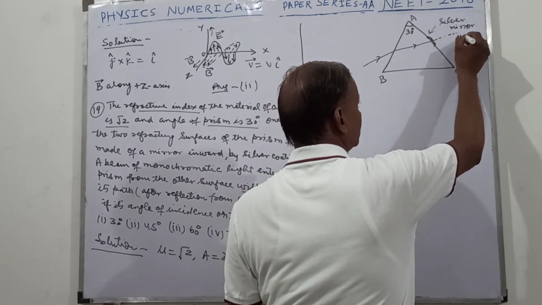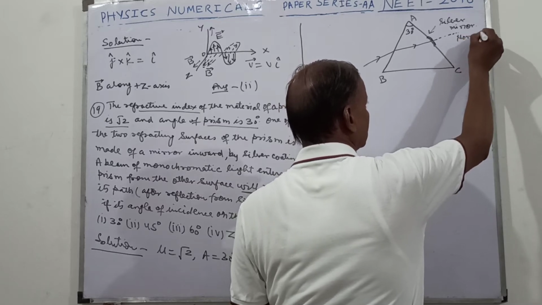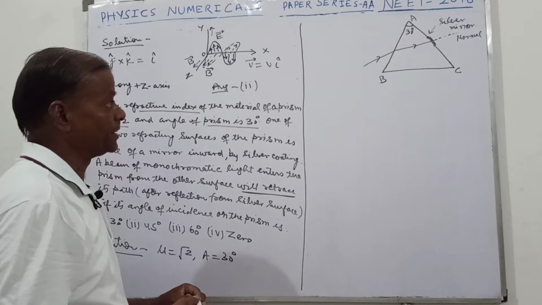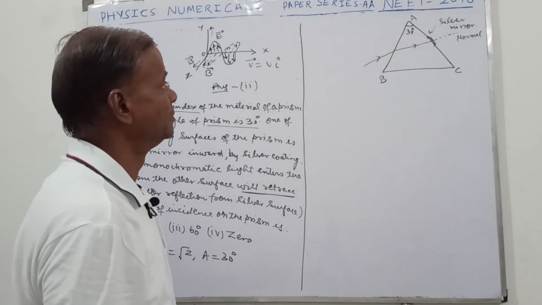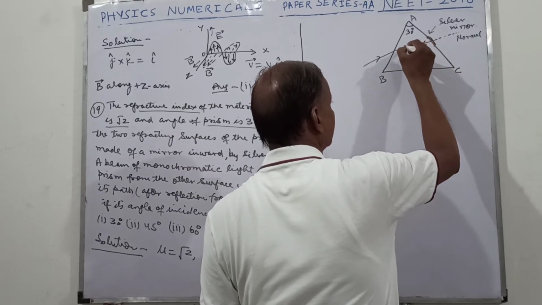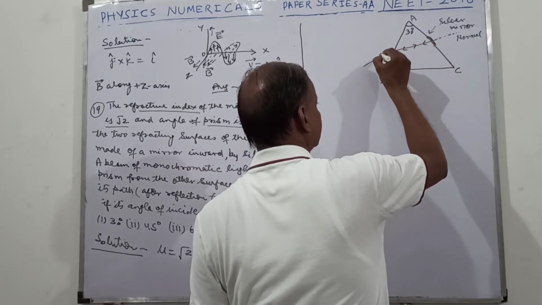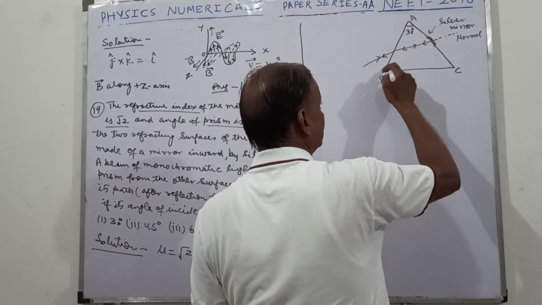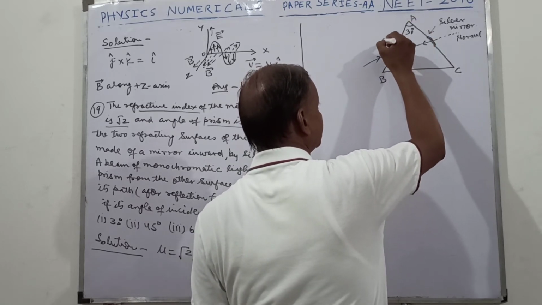This is the normal to the principal axis. Then this will retrace from here and go back.